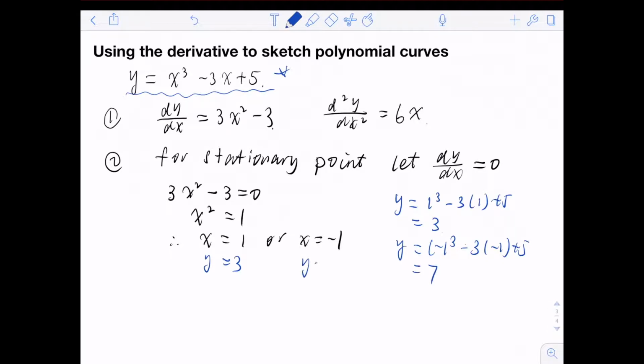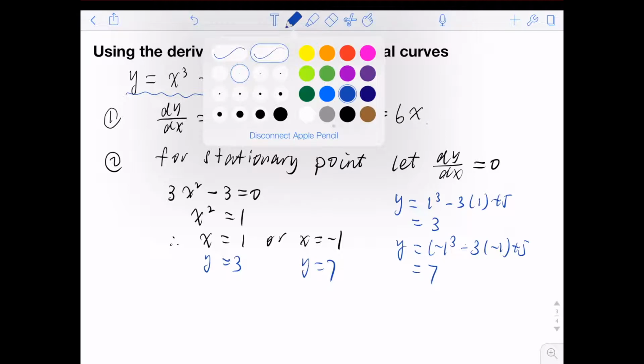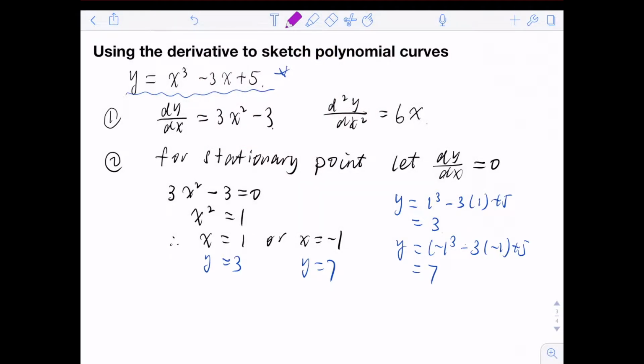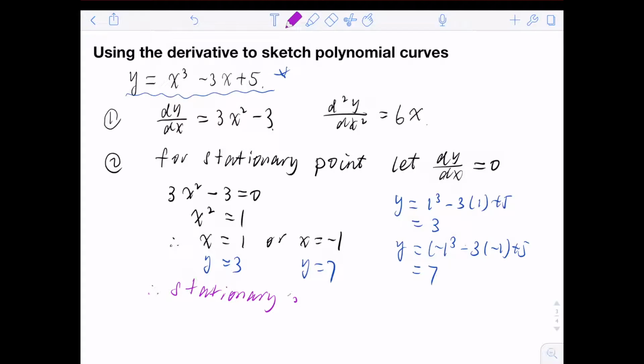So y equals 7. So therefore, my stationary points are: one is 1, 3, and one is negative 1, 7.